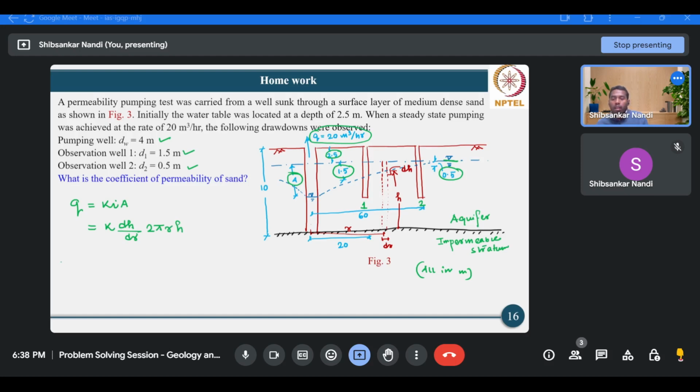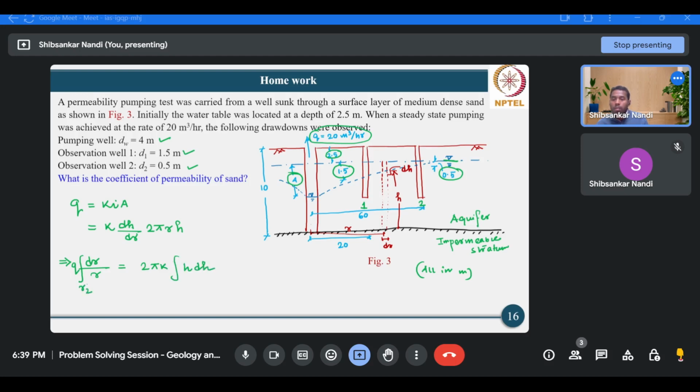Now you have to reorganize this equation and then apply the integration. So dr by r equals 2 pi k h dh.